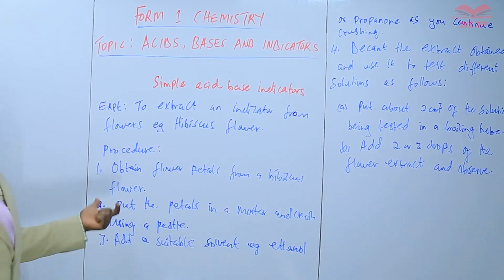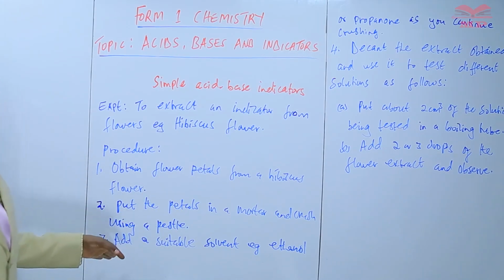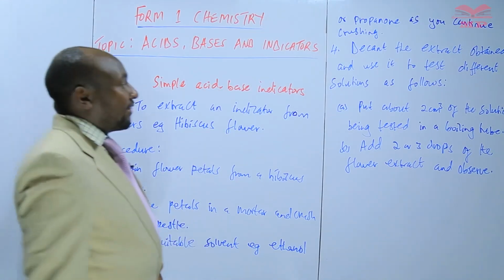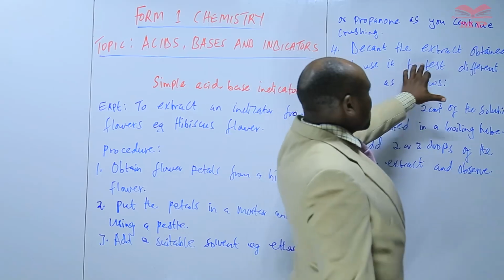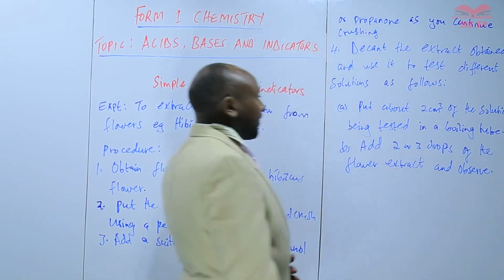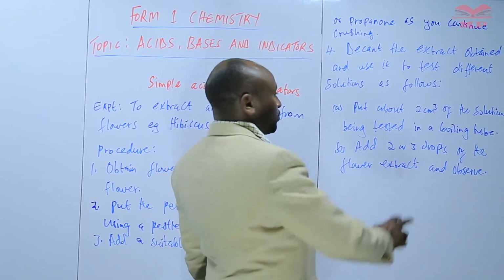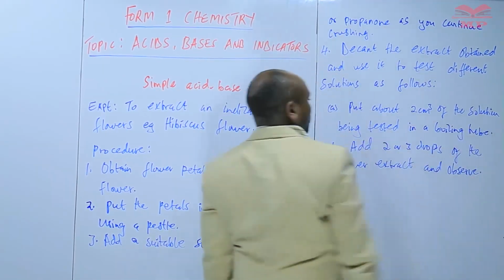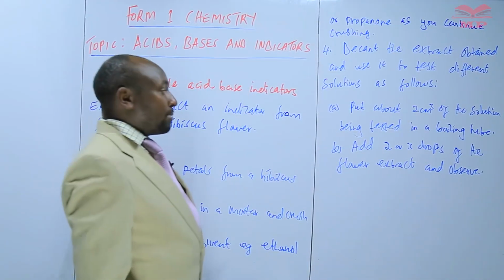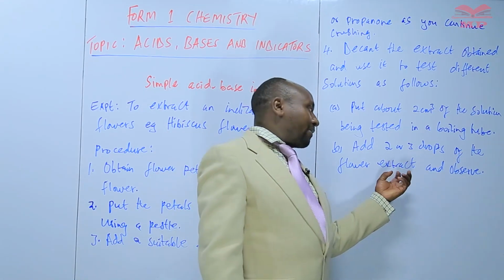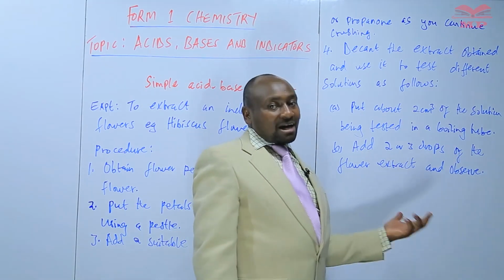We crush in a mortar using a pestle, add a suitable solvent as we continue crushing, and then we obtain the extract by decantation. Then we test that extract on different solutions by putting about 2 cubic centimeters of the solution that we are testing in a boiling tube, and then adding 2 or 3 drops of the flower extract, and then we observe.